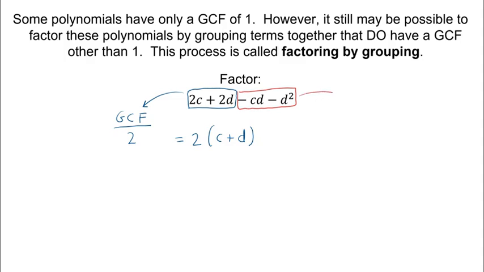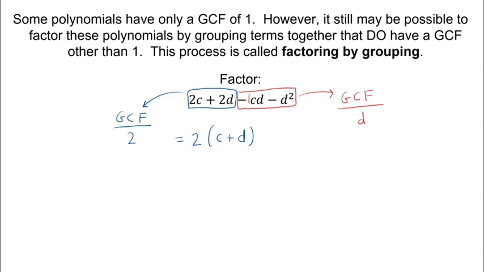Do we have a GCF between these 2 terms? Yeah, it looks as though both of these terms have a factor of d. So the GCF would be d. But if you remember a couple of videos back, we said that anytime our leading term had a negative 1 as its coefficient, it was 90% of the time beneficial to factor out that negative 1 as part of our GCF as well.